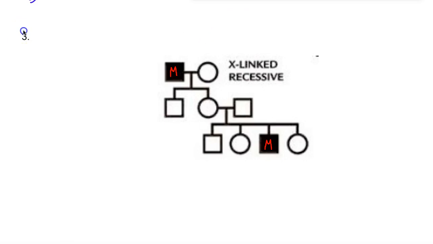Okay, so in number 3, I'm showing you a family history of an X-linked recessive disorder. Now, these disorders are sex-linked genes, meaning the broken allele, the recessive disorder or the broken gene, is on the X chromosome. And this is important.